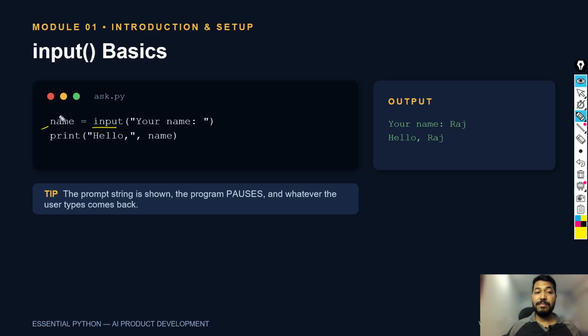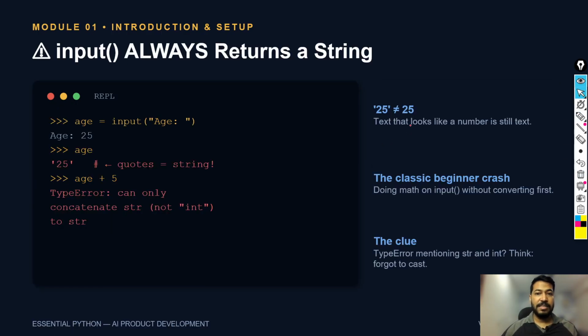Then we receive the value of the name variable from the user end, which by default will be of string type, and we print it as output. If I pass the input as Raj, which is a string object, it is going to print hello Raj.